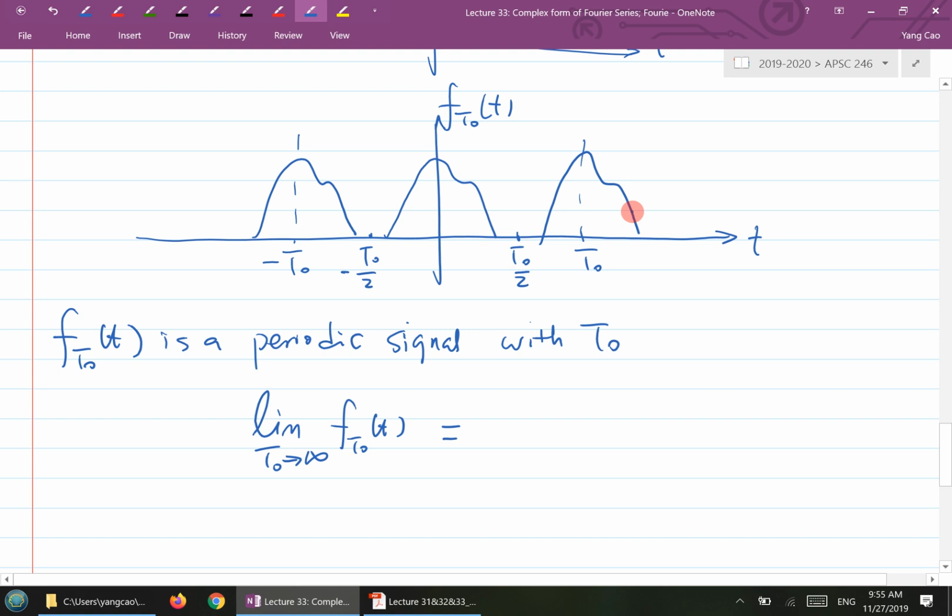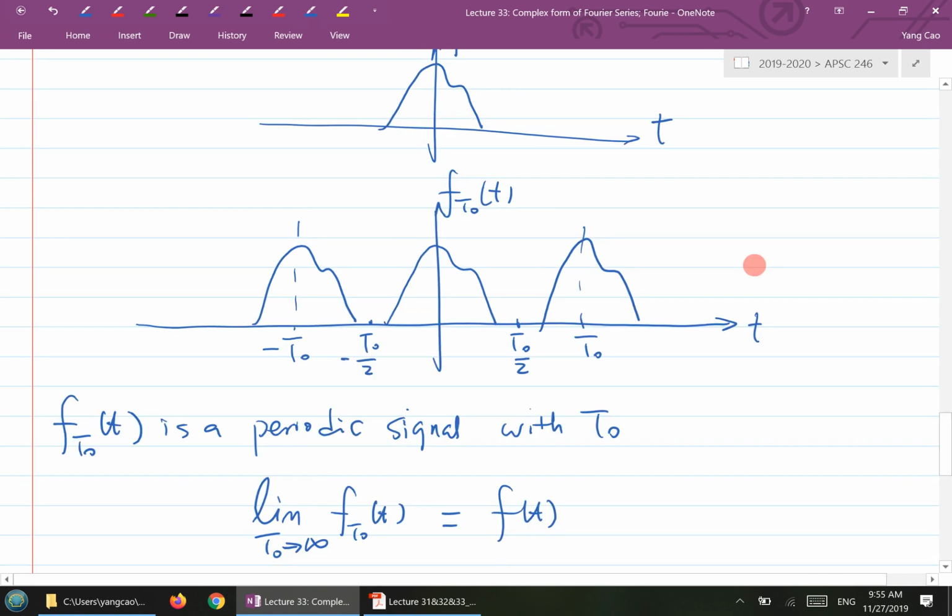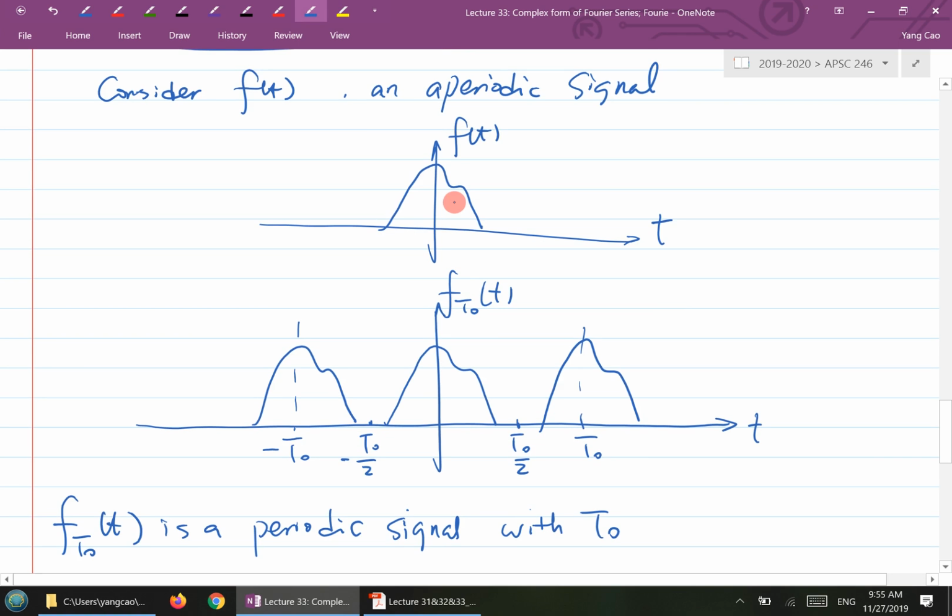As t naught goes to infinity, it's like you don't see this anymore, right? So then this basically becomes f of t, back from f of t naught, right?